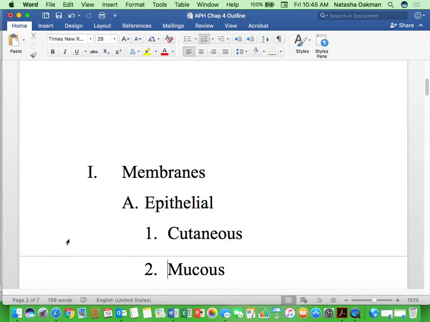Now, going back to the epithelial layer, because the epithelial layer is the layer that's exposed to the outside, regardless of what kind of epithelium we have in mucosa, it's a moist epithelial layer.